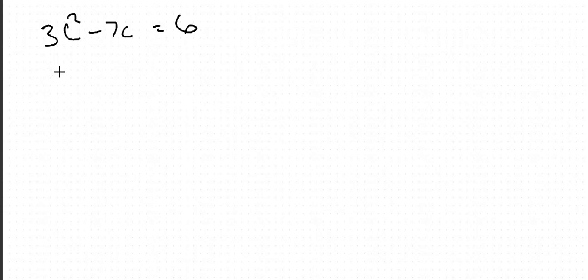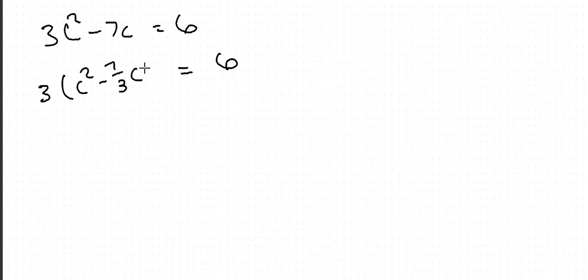You've got to factor the 3 out of both of those things first. So c squared minus 7 over 3 c equals 2. That's still 6 over there, because I'm just factoring on this side. I've got to complete the square before I can divide that 3 over.